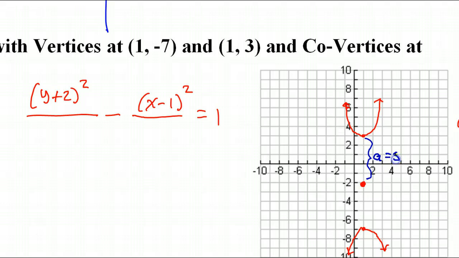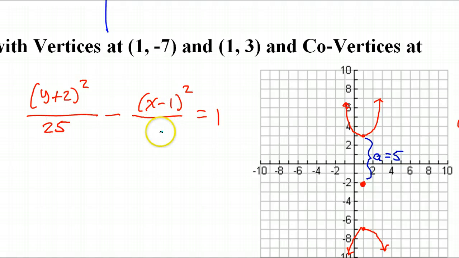So I'm going to say A is equal to 5. It's the y direction, so this is going to go with the y value. That's what's important. So remember, this is A squared. So this is 5, so this is going to be 25 because I got to square it. So this will be 25.